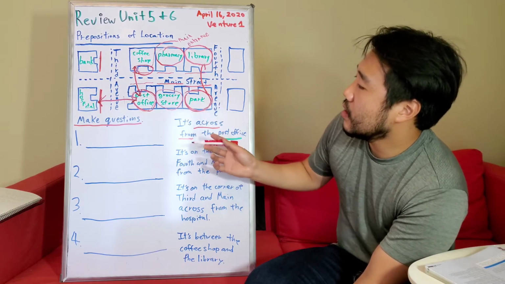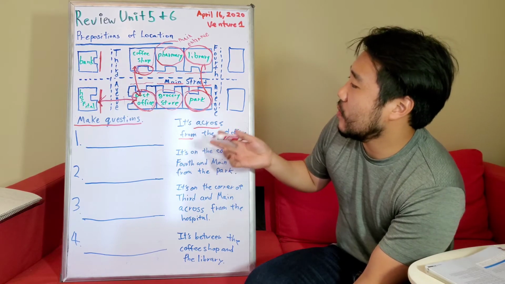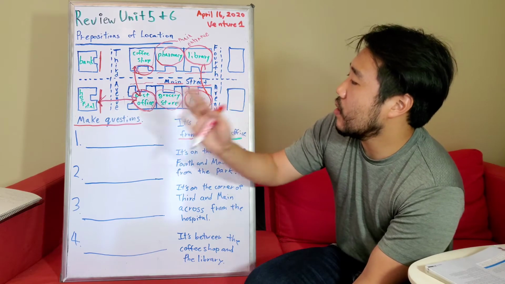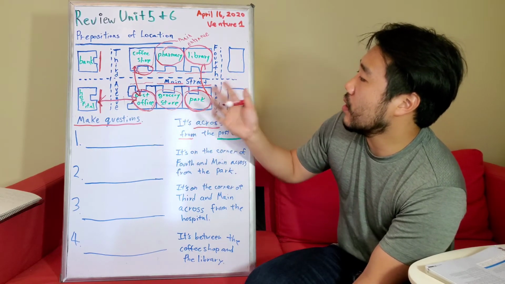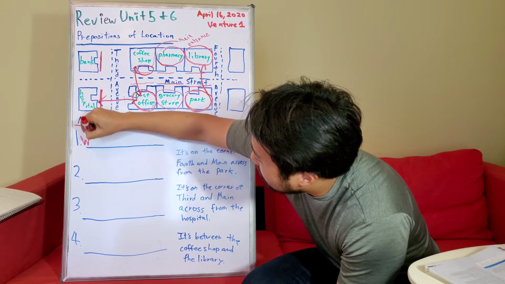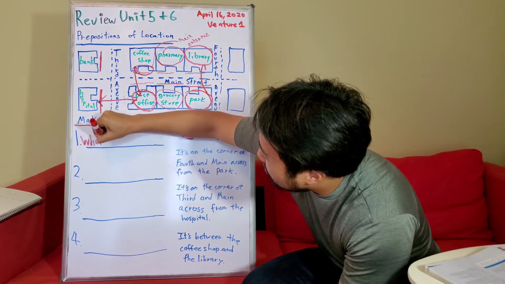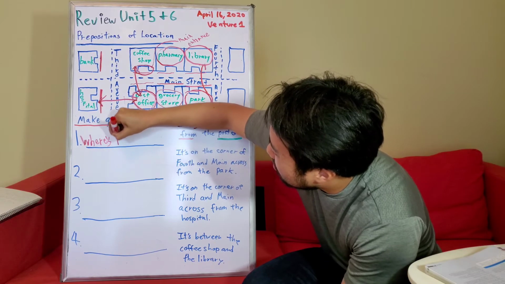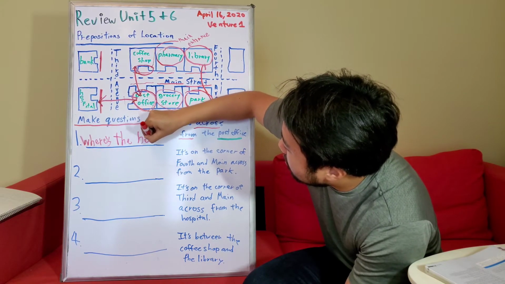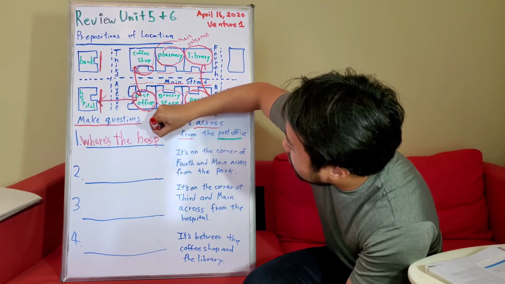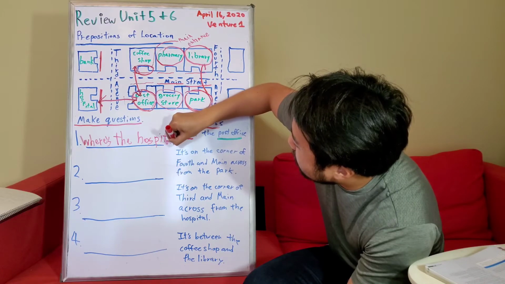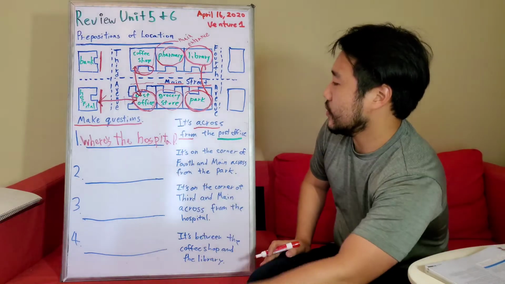But here, we don't know what the actual main entrance is, but there are 2 entrances, so it could be, where's the hospital or where's the coffee shop? So here I'm going to just write, where's the hospital? Question mark. So where's the hospital?